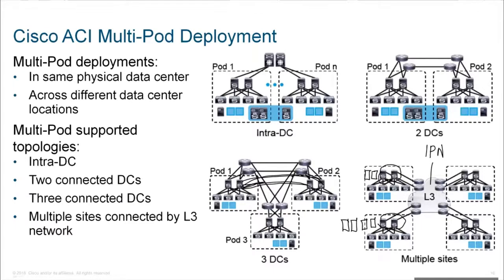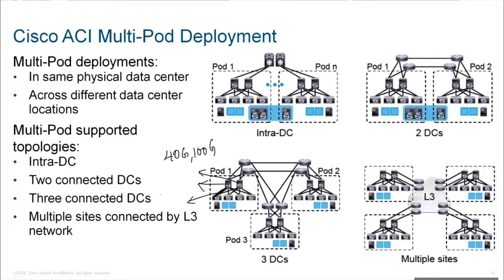Okay. You also need to remember a requirement. The spine line cards are a minimum of 40 gig or 100 gig. Those are the only types of line cards on spine switches. Remember, this fabric link has to be 40 or 100. So the only line cards for spine.